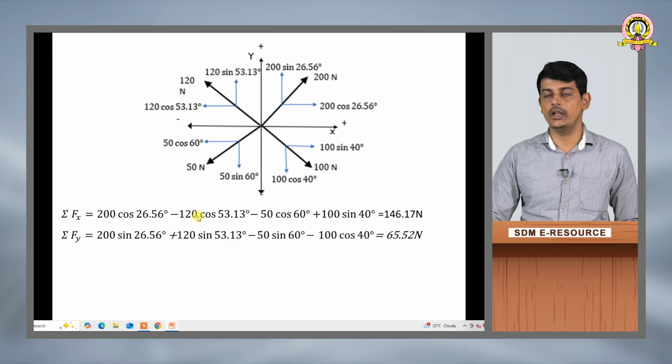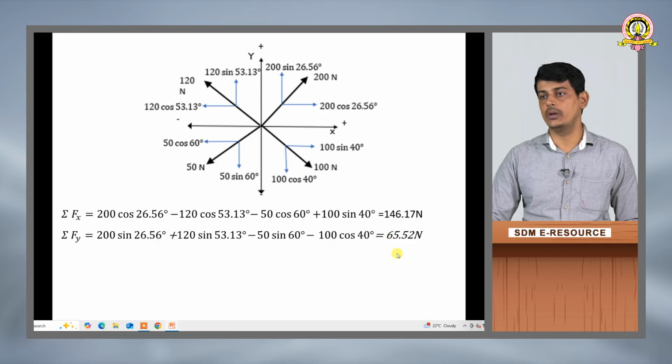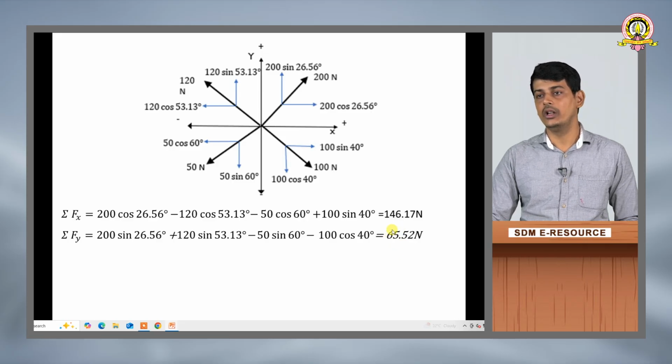If you calculate using a scientific calculator, the summation of F of x works out to be 146.17 Newton. Similarly, the summation of F of y equals 65.52 Newton.